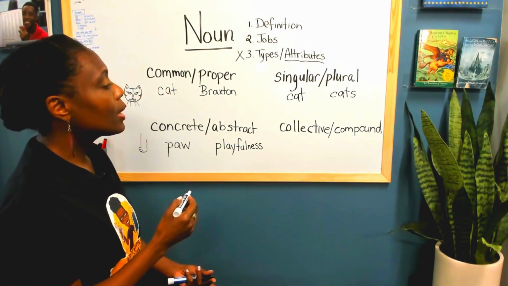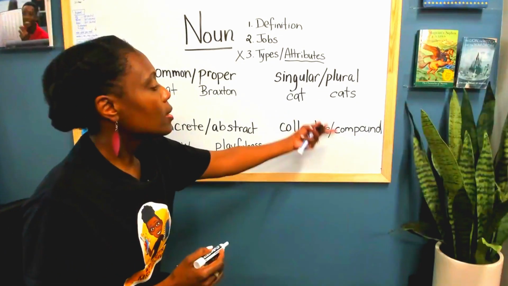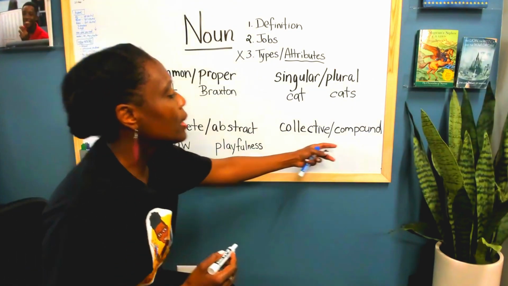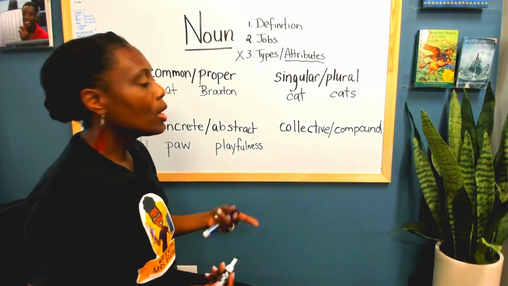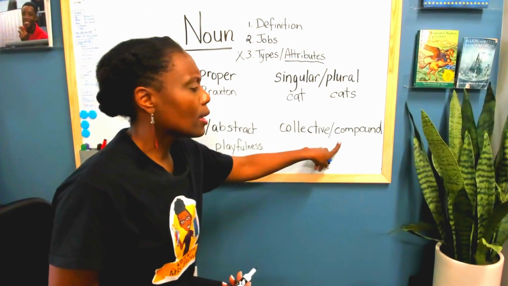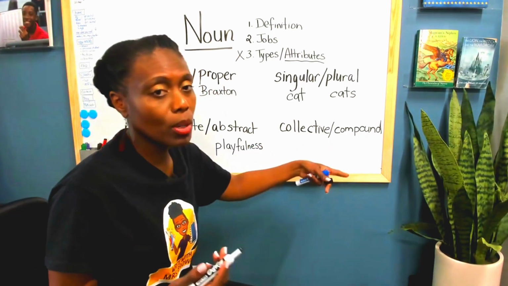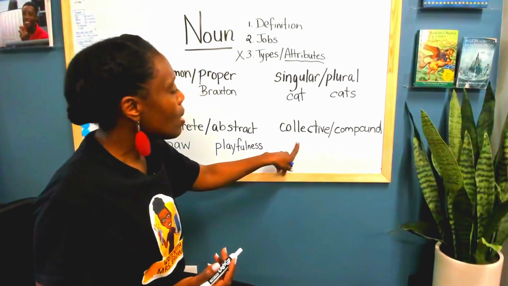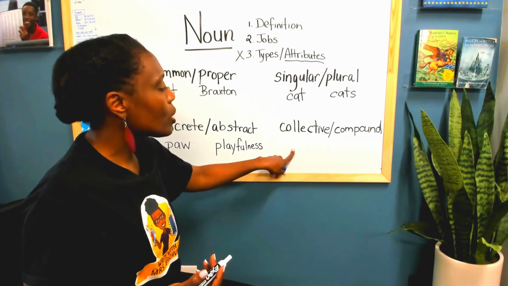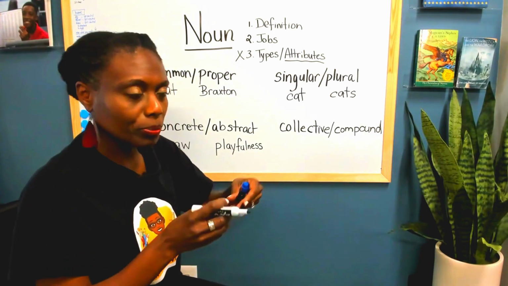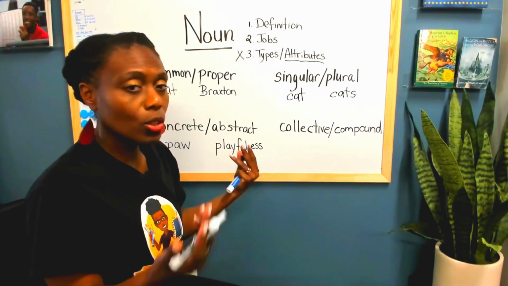Playfulness. And then the last set of attributes that a noun can have is collective or compound. This one, I think most of us have heard, that's 2 words joined together that make 1 word. We'll come to that one last. But collective would just be, what do you call a group? What do you call cats in a group? And you can call them a litter.